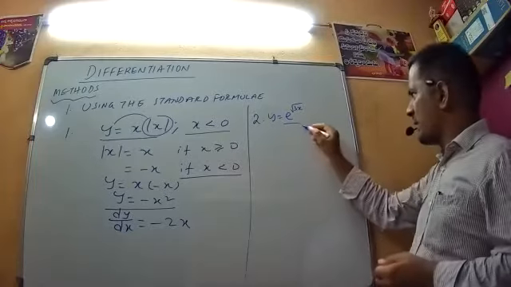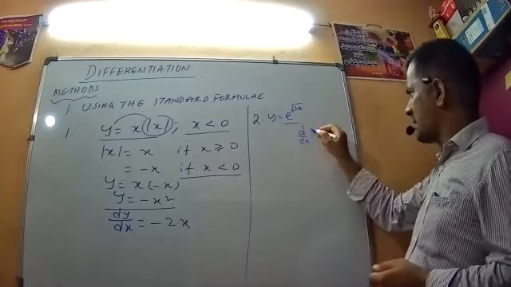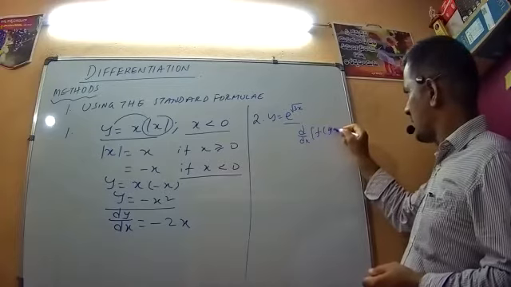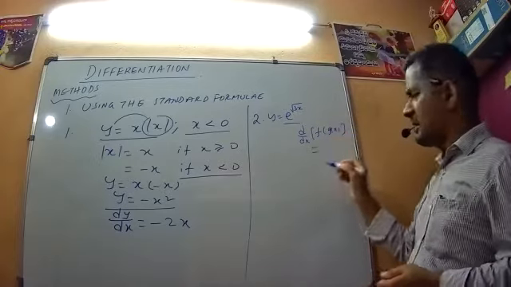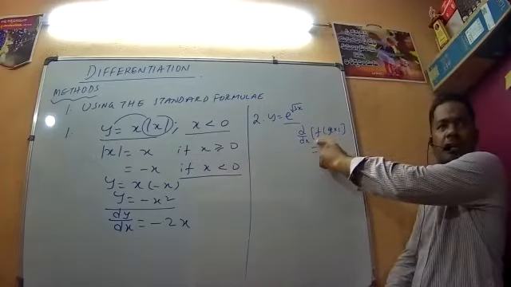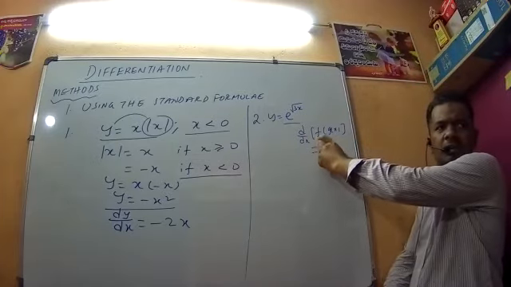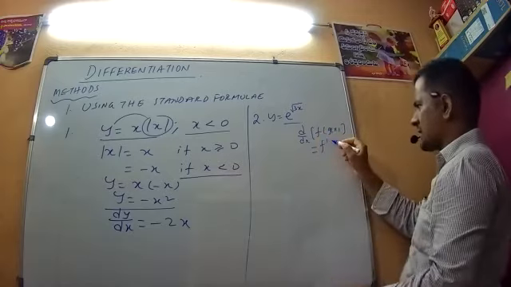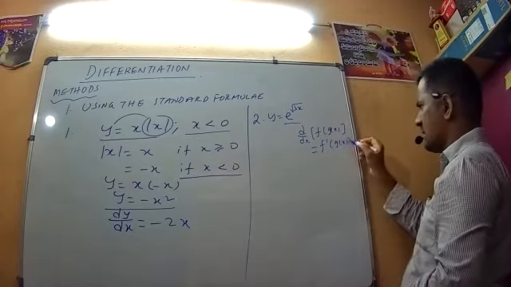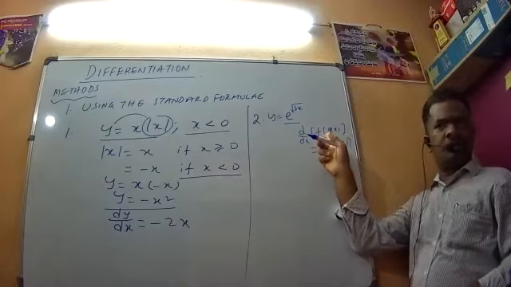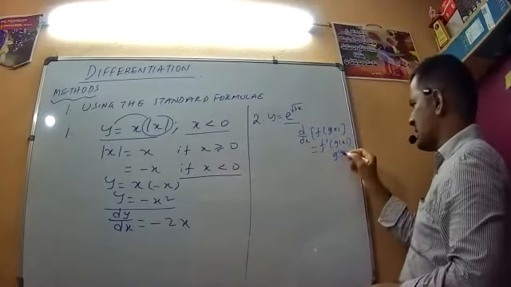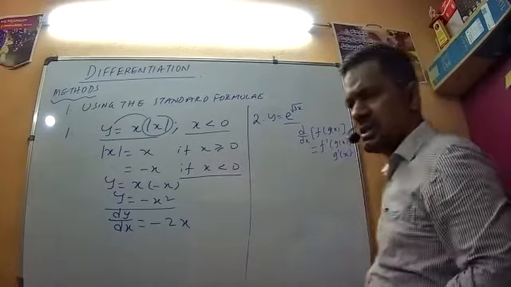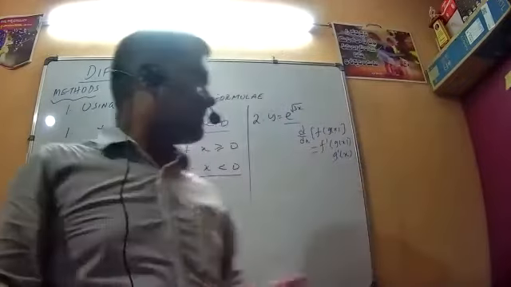The derivative of a composite function is defined like this: the derivative of f of g of x is the derivative of the outer function, f dash of g of x, into the derivative of the inner function, g dash of x.